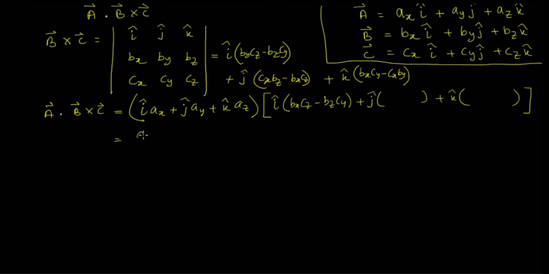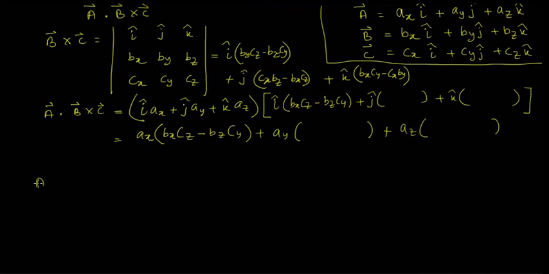So this will be ax times (by cz minus bz cy), plus in the place of j cap you plug in ay times its term, plus in the place of k cap you plug in az times its term. So what you are doing is just putting ax, ay, az in place of i cap, j cap and k cap.